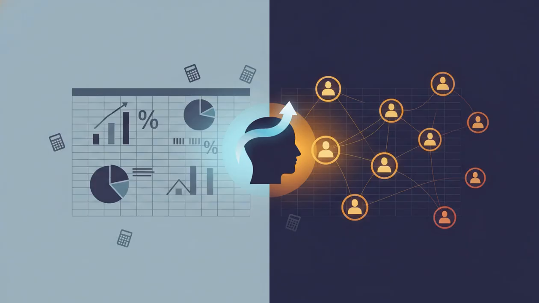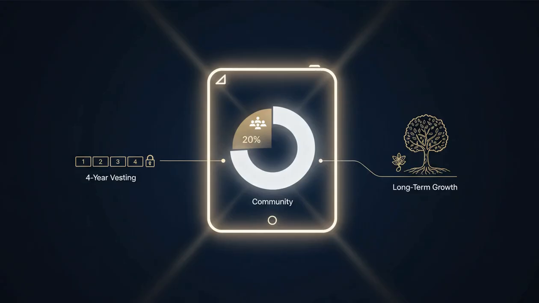So we've gone through all the mechanics, the percentages, the vesting schedules. But what I want to leave you with is a shift in perspective. You might find it powerful to stop thinking of your cap table as just a financial spreadsheet. What I believe is that it's your project's manifesto. It's a public declaration of your values.